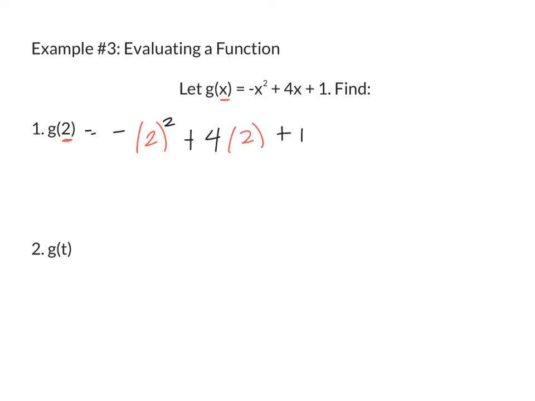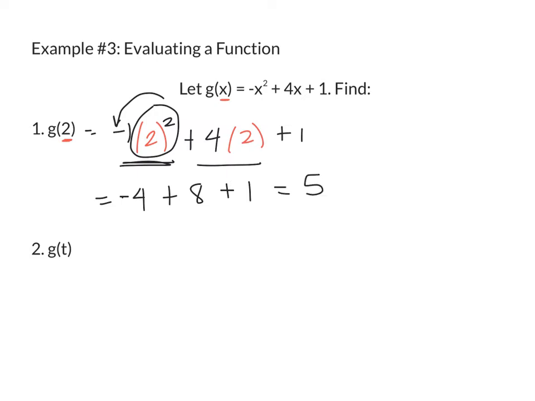If we remember our order of operations, in this case you have to remember that exponents come before multiplication. So we would say 2 squared first, which is 4, and then we would multiply that 4 by negative 1, which makes this negative 4. All right, if we proceed, we have negative 4 and then plus 8 and then plus 1 at the end. In the end, our answer is 5. So g of 2 equals 5.